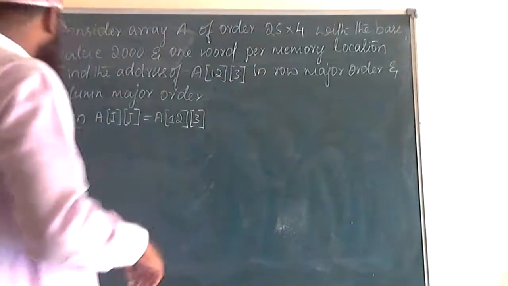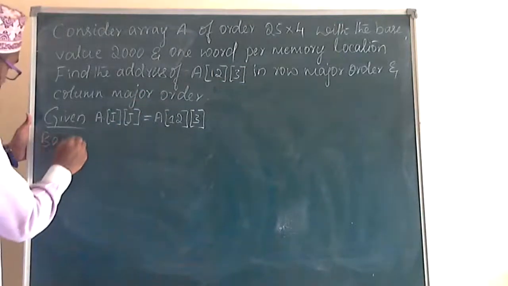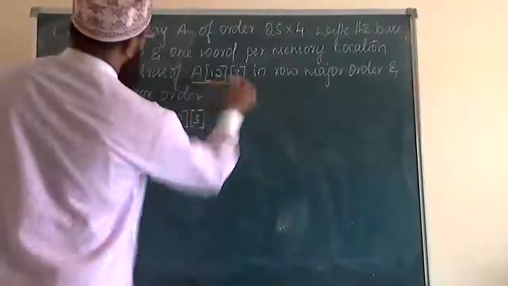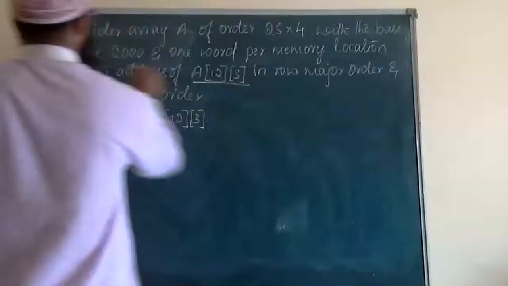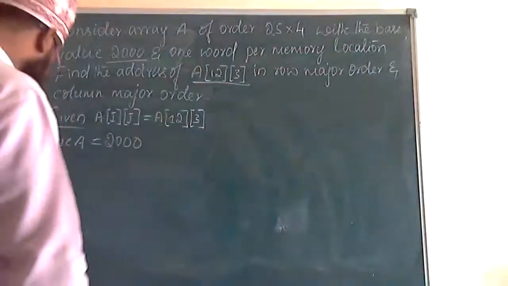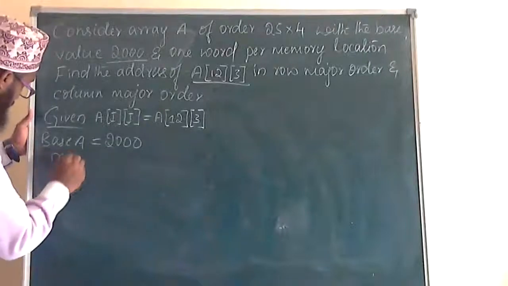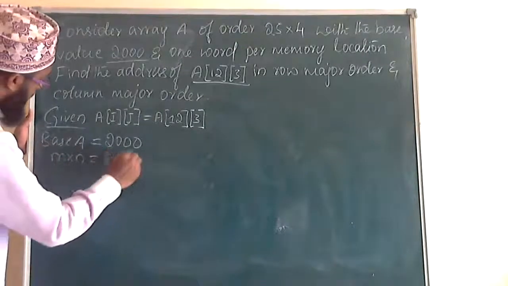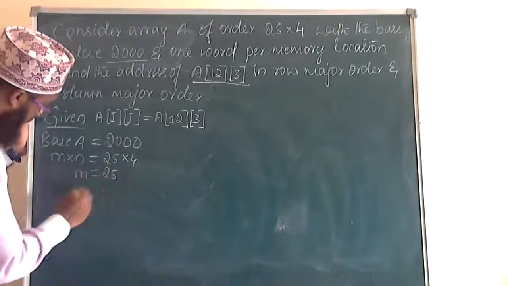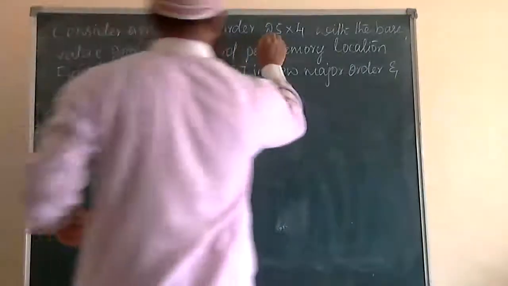Then base A is equal to 2000. Then order m into n, which is equal to 25 into 4. Therefore m is equal to 25, n is equal to 4.